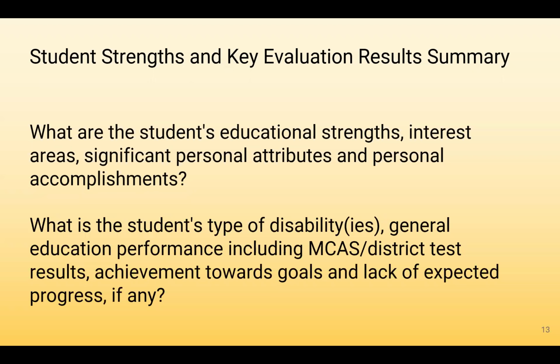Now, when you look at the DESE website, they talk about 10 different disability categories, and those are autism, communication impairment, so speech and language, listening, writing, speaking, and hearing. There are developmental delays, and this is a category for students aged 3 to 9. There are emotional impairments.